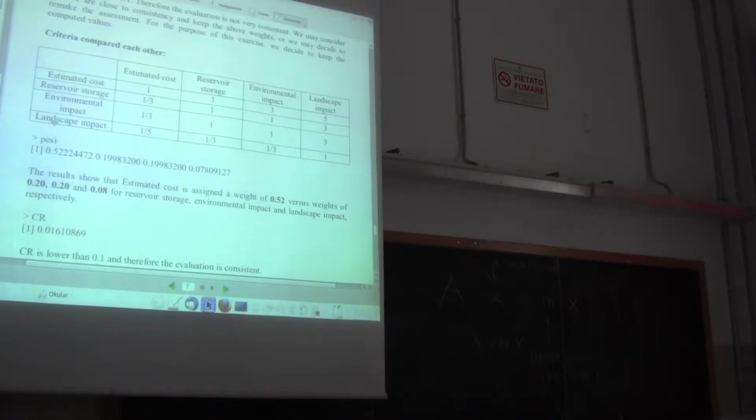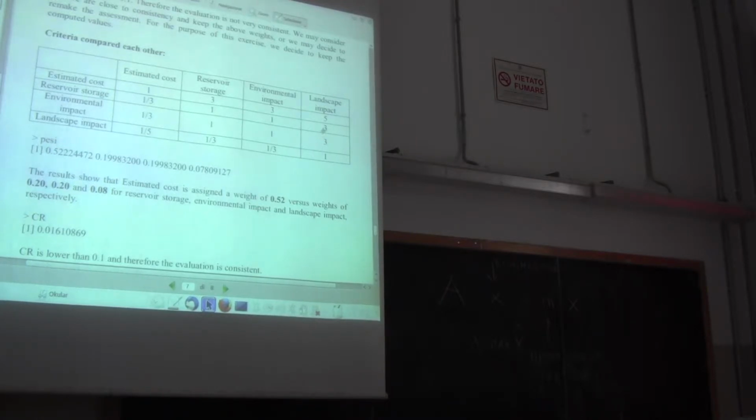Okay, now environmental impact with respect to cost is 1/3, and then we have a 1, which is environmental impact with respect to reservoir storage, given by the symmetry of the matrix. In the diagonal we have a 1, and then the environmental impact with respect to landscape impact, this is 3.